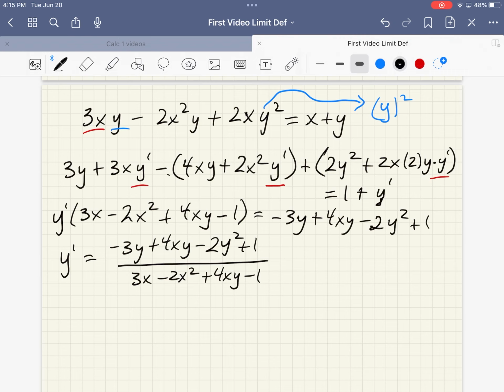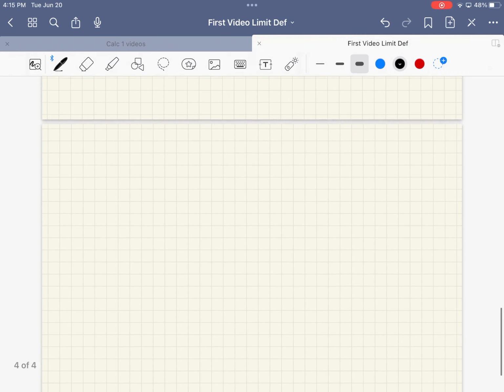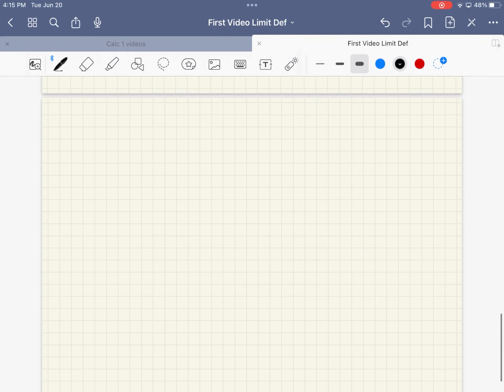Okay, let's try one more that I want to show you that's a little bit different. Suppose that we had something like this, x e to the y sine of x equal, we'll say y. Okay, so this one's built somewhat the same.